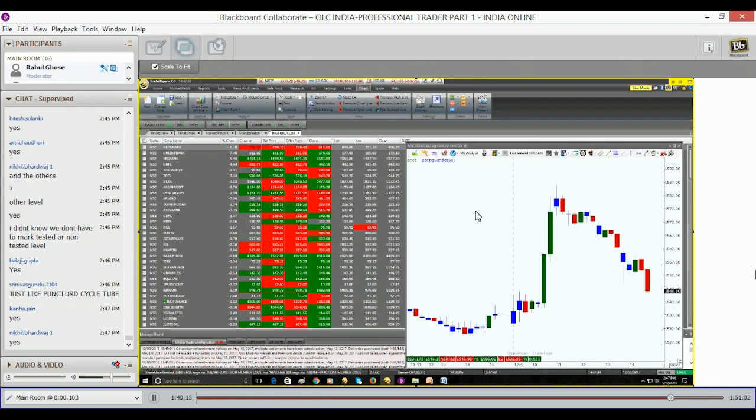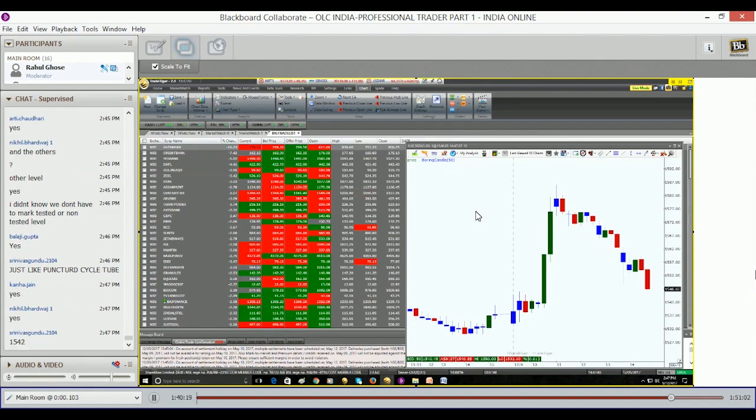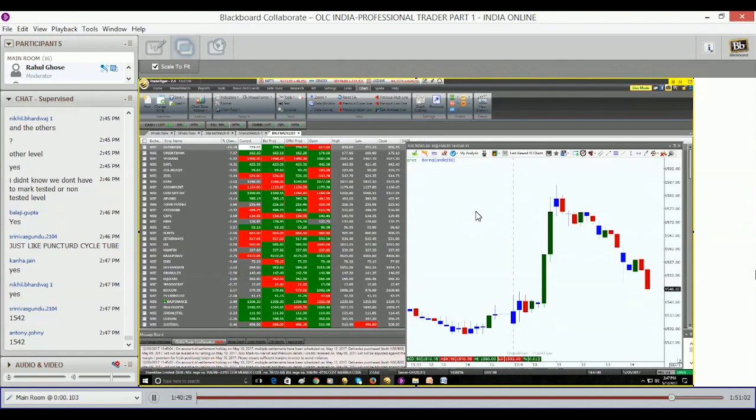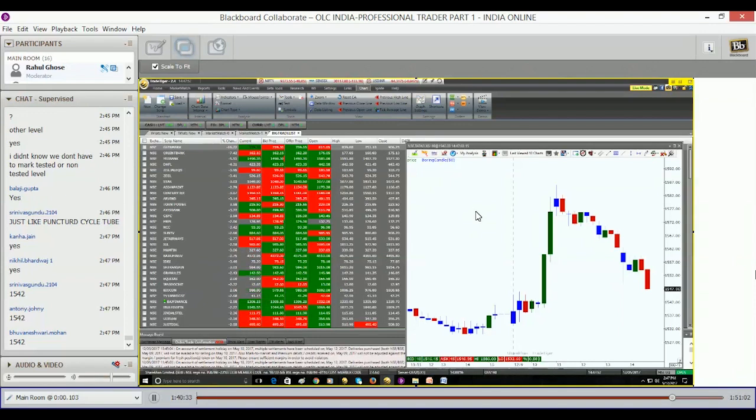Tata Elxsi on the 15-minute chart, where can you see a level? Yeah, that's the last exercise. I want you guys to mark it. I'm going to give you 5 minutes.